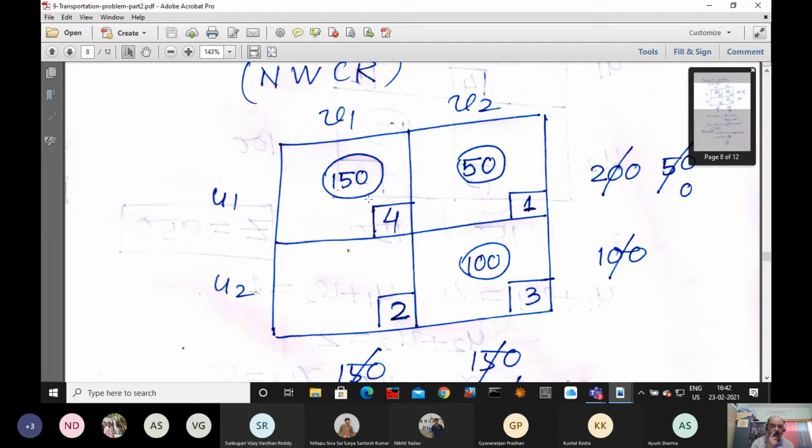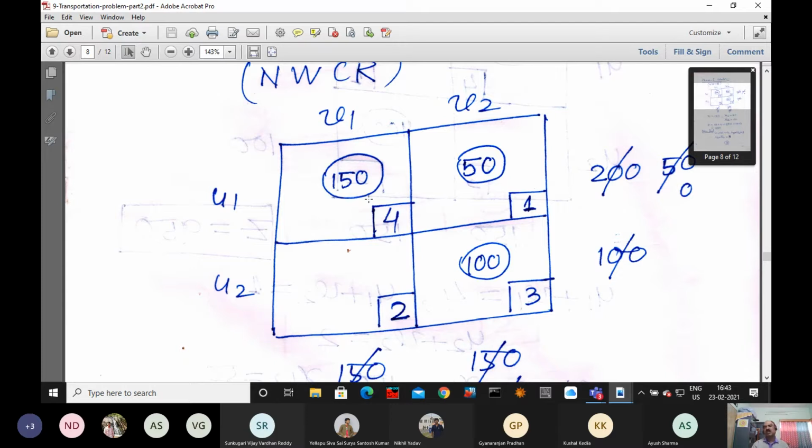Out of 4 variables, 3 are non-zero and 1 is 0. Which is 0? x21 is 0 and the rest are all positive: x11 equal to 150, x12 equal to 50, x21 equal to 0, x22 equal to 100.